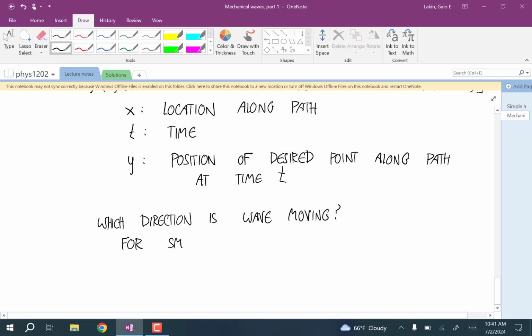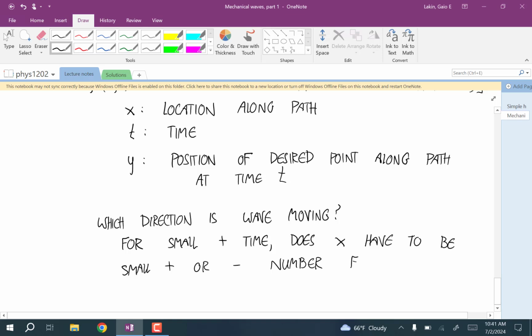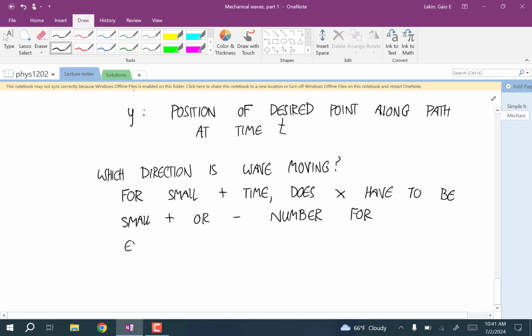So for a small positive time, the question is, does x have to be a small positive or a small negative number for the expression in parentheses to remain the same?